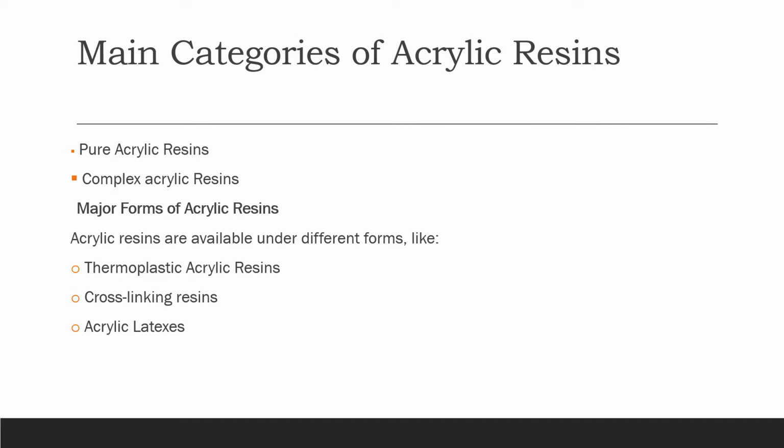Then different functionalizations will have an influence on the resin properties, on its use in different applications, and on the final properties of the film, like the coating obtained. The presence of carboxyl groups can improve the adhesion on substrate. If you have more carboxyl groups in your resin chain, it will improve the adhesion on the substrate.